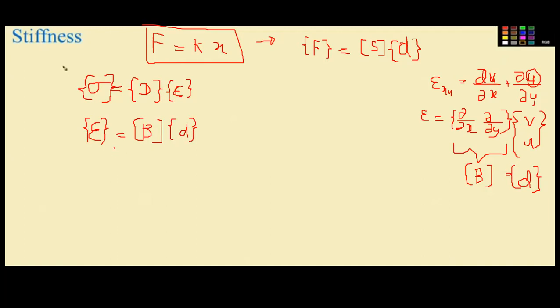the displacement, right? And the strain energy, you remember, you take the half out, the volume integral of sigma into epsilon naught dv, right? So sigma is D epsilon naught. These things are in matrix form, right?